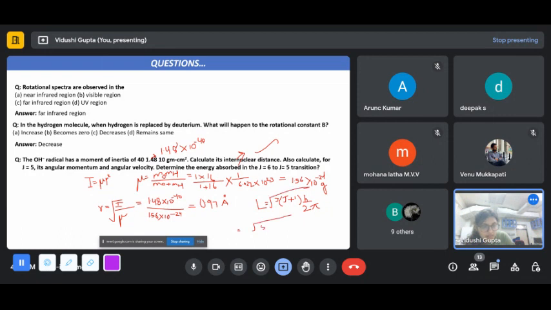5 plus 1, into 6.626 into 10 to the minus 34, divided by 2 into 3.14.